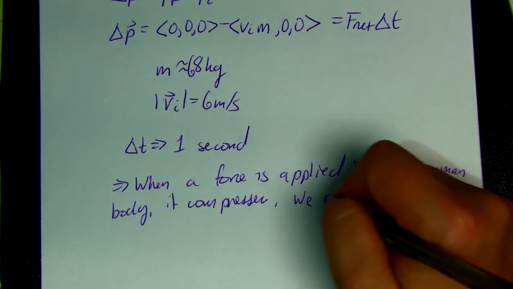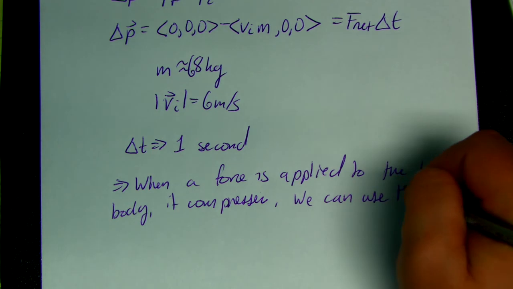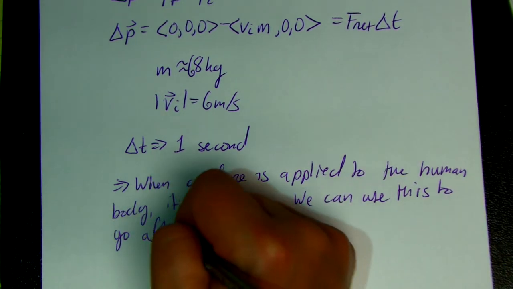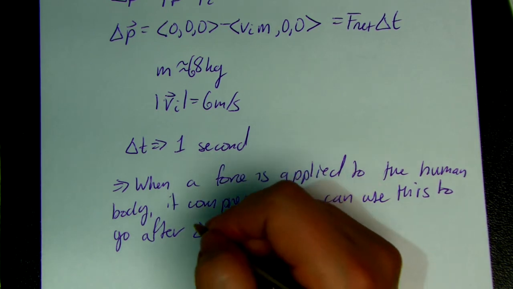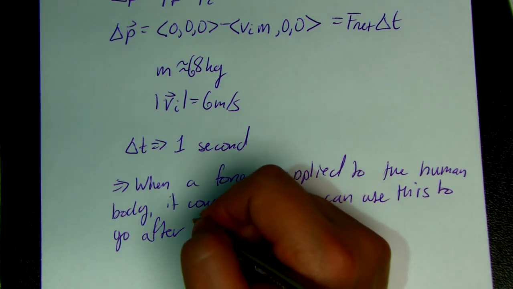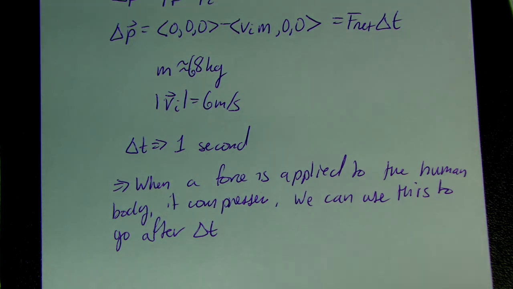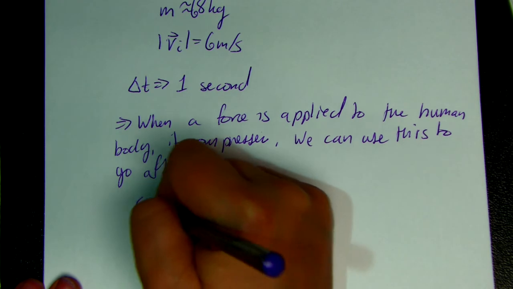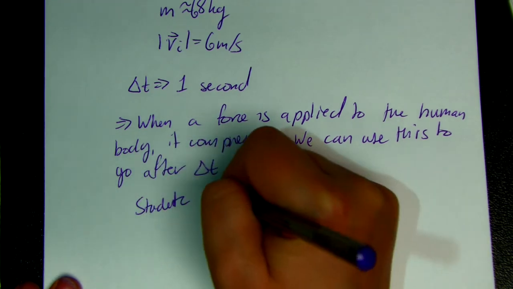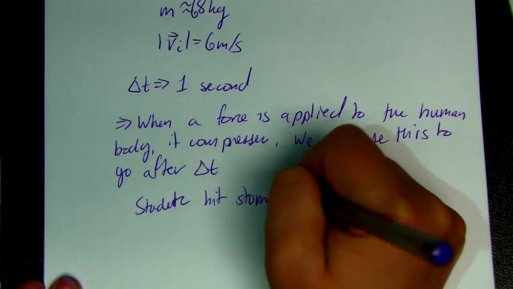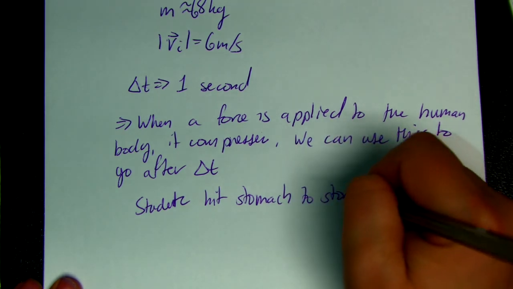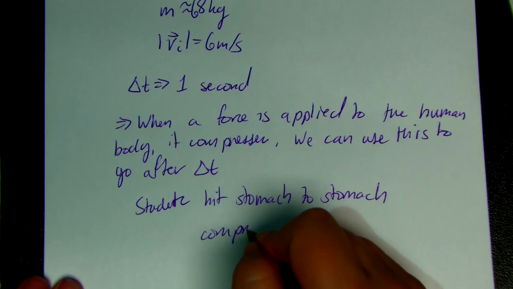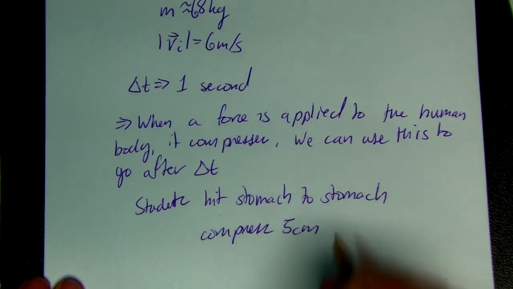And so we can use this to go after delta T. So let's say these two students hit stomach to stomach, which is ouchy, but not devastating. And the student's body compresses 5 centimeters.